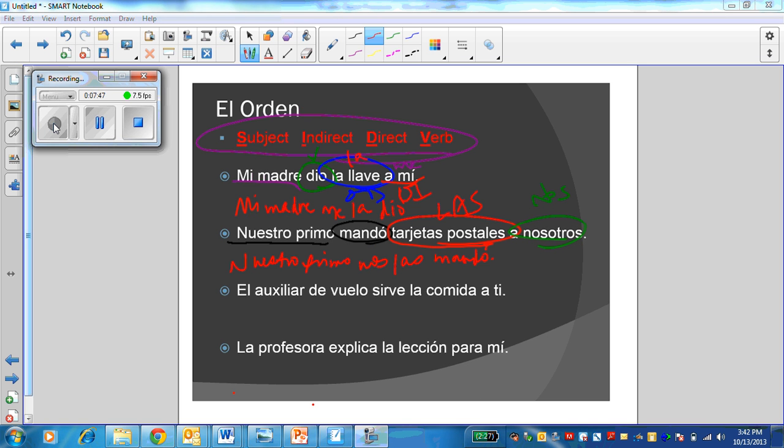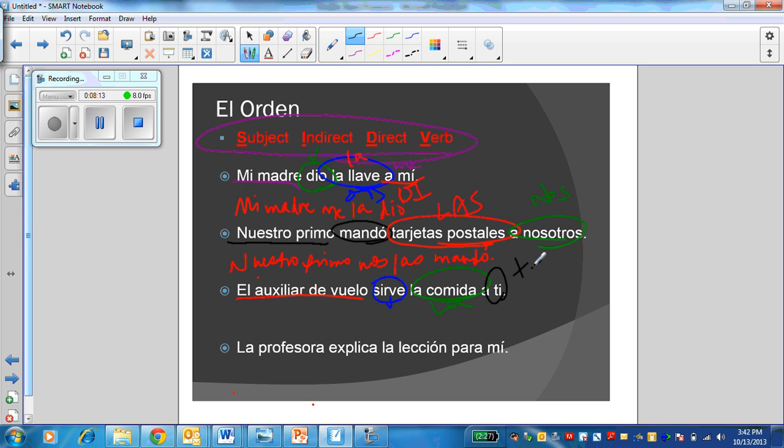Número 3. El auxiliar de vuelo sirve la comida a ti. Okay. El auxiliar de vuelo, sujeto, sirve, verbo. La comida es el objeto directo. Vamos a reemplazar la. A ti, okay, objeto indirecto. Vamos a usar te.